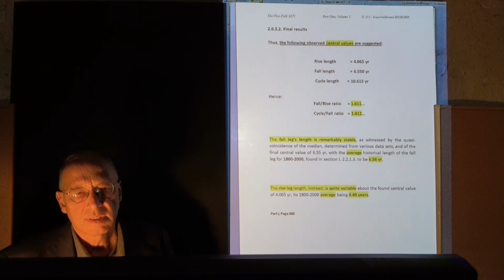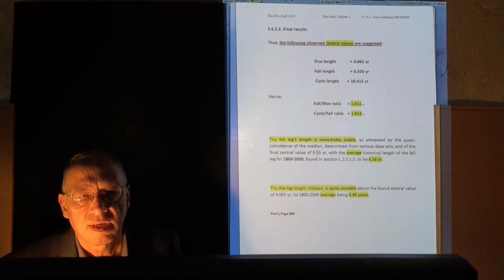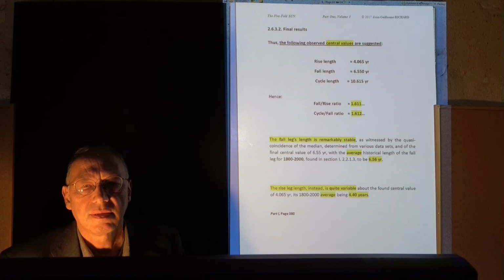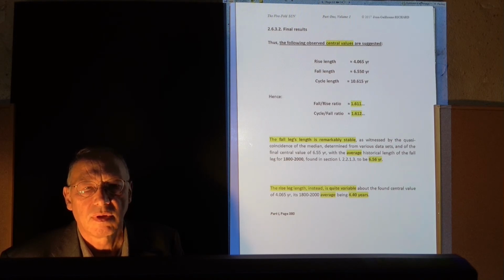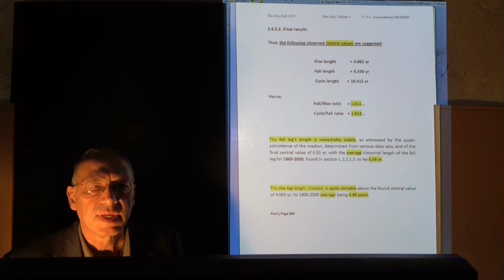So this is remarkable and enigmatic, and it is one of the main findings of the Fivefold Sun project, for which I have no explanation, and from which I was not able to infer any further useful insight. And I encourage researchers to look into this mystery.